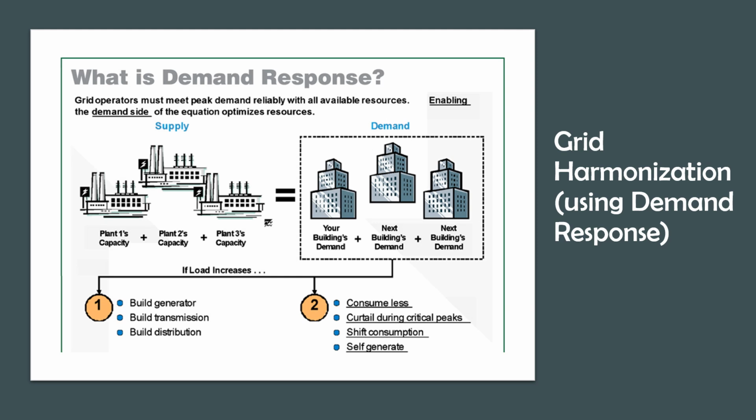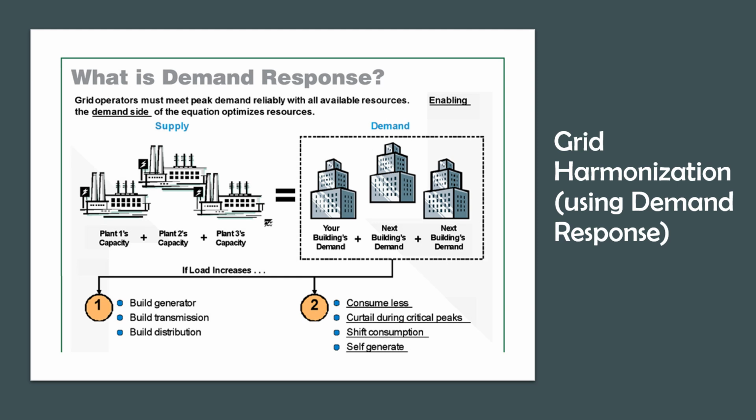On the supply side, we can build more stuff, or on the demand side, we can optimize energy use. Some examples of how we can do this are to consume less, curtail energy use during critical peaks, shift consumption to times in which there's lower demand, and self-generate. There are 3 cases that can be applied to your project.